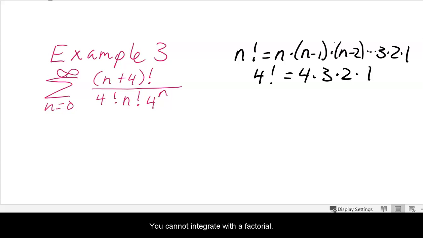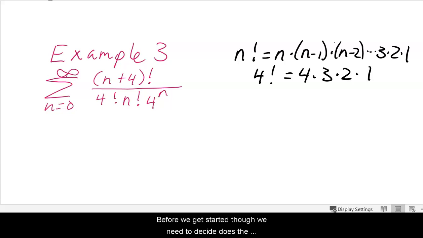You cannot integrate with a factorial because they are always discrete functions, and you cannot convert them into something that can be integrated, which means that one of the only tests we have when we have a factorial involved is the ratio test. They're actually kind of fun, so let's do this one now.